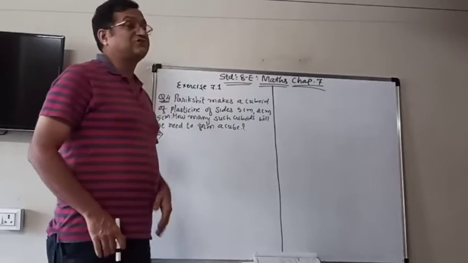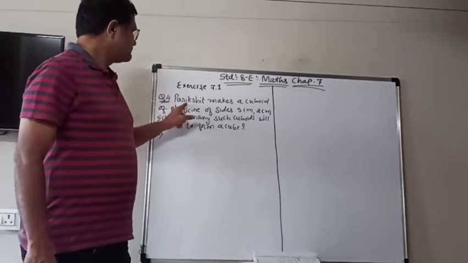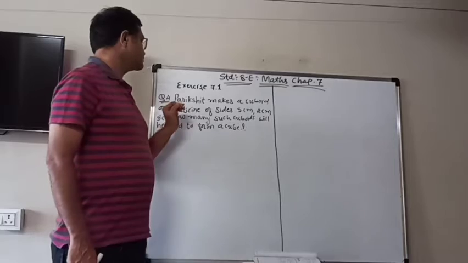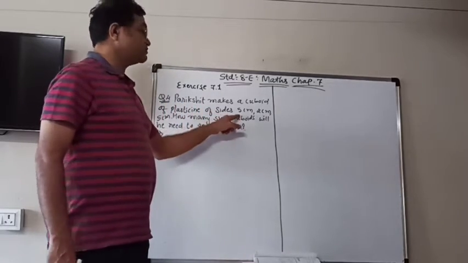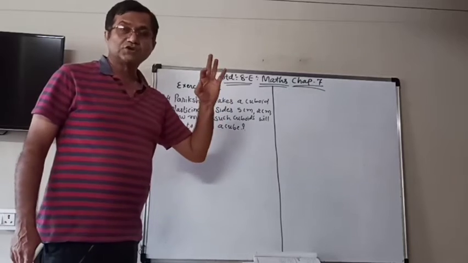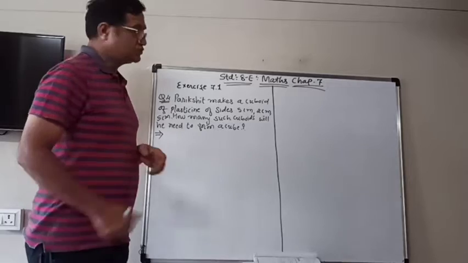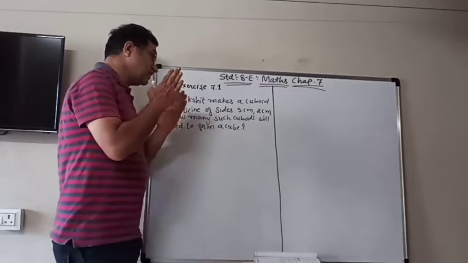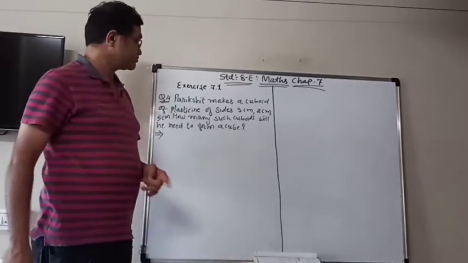Now the last question of the exercise. Parikshit makes a cuboid of plasticine. Plasticine means one type of material, of sides 5 centimeter, 2 centimeter and 5 centimeter. So it is a cuboid with 5 centimeter, 2 centimeter, 5 centimeter as the length, breadth and the height.